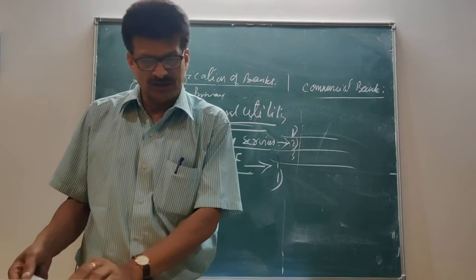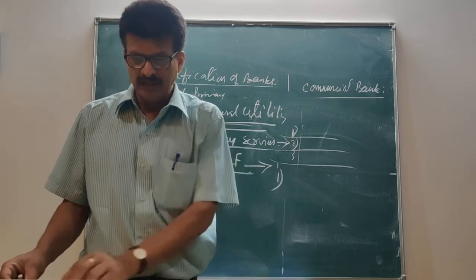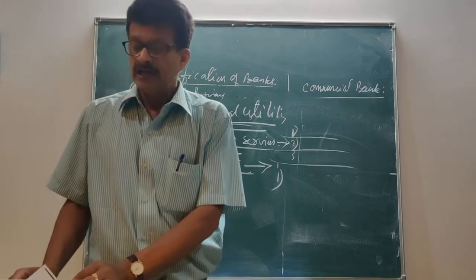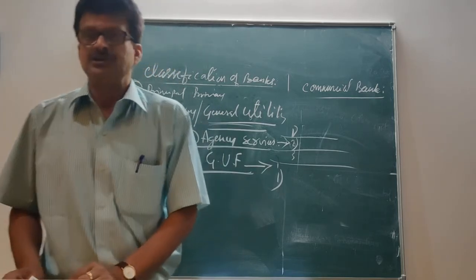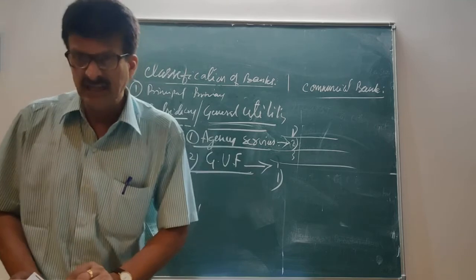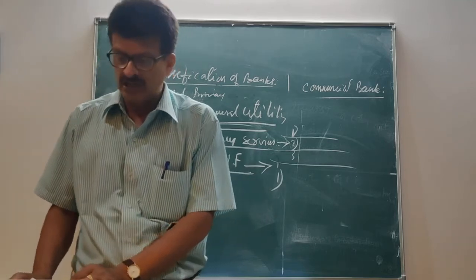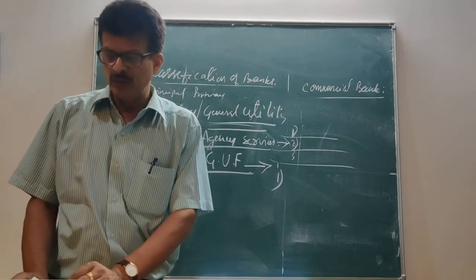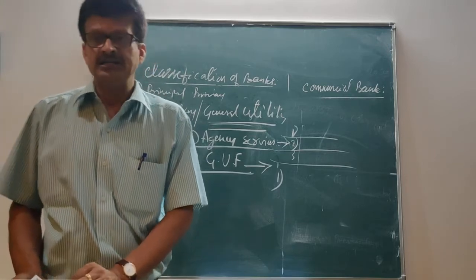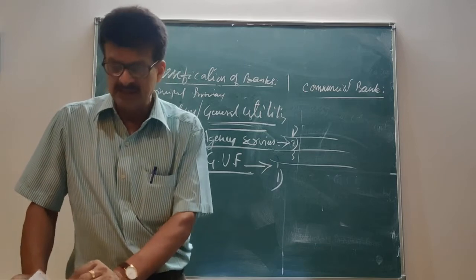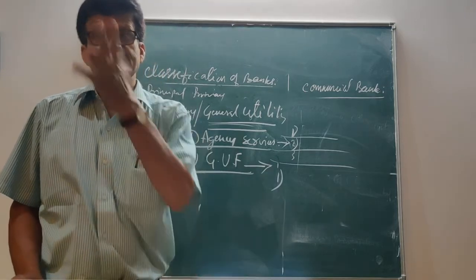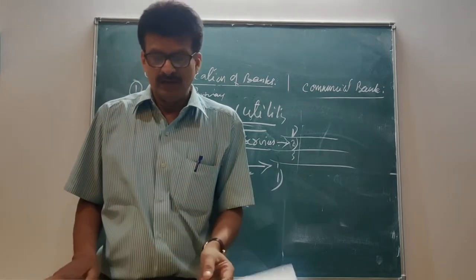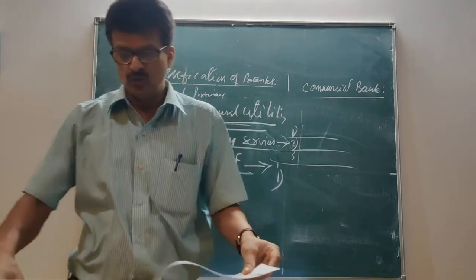The subsidiary or general utility functions therefore mainly focus on safe custody of valuables, dealing in foreign exchange business, export finance or import credit, issue of traveler's letters of credit, circular notes or traveler's checks, acting as a referee, collecting information about other business for the customers, underwriting shares, debentures and government securities, collection of statistics and data, lease financing, etc. But we still need to go to the emerging trends.